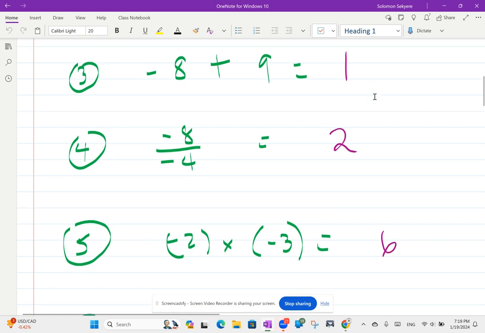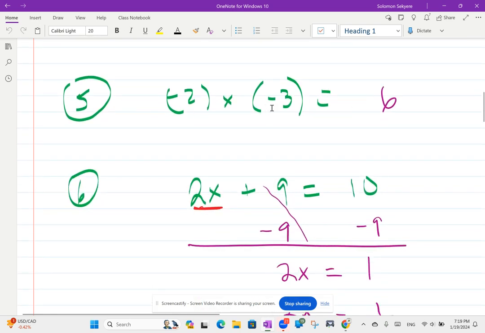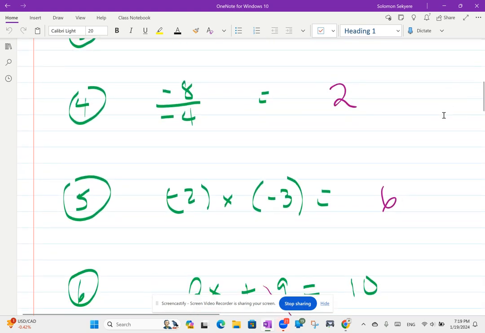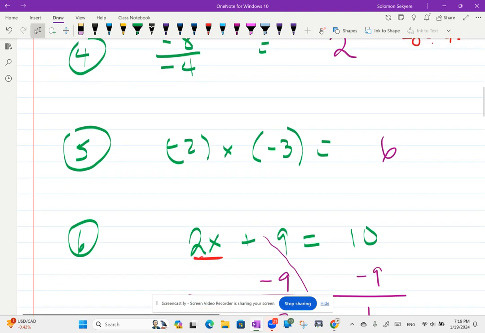When you divide two negative numbers, it's positive. When you multiply two negative numbers, it's positive. But when you divide a negative number by a positive number, the answer is going to be negative, right? Same here. If you multiply a negative number times a positive number, you're going to get negative.